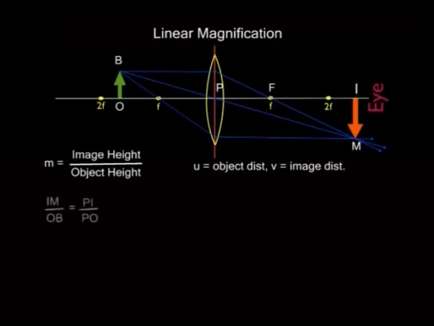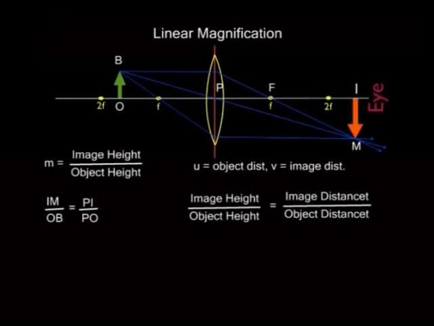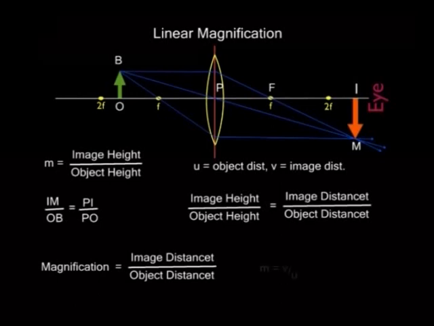Therefore, IM over OB is equal to PI over PO. Therefore, image height over object height is equal to image distance over object distance. Magnification M therefore can also be represented as image distance over object distance. M is equal to V over U.